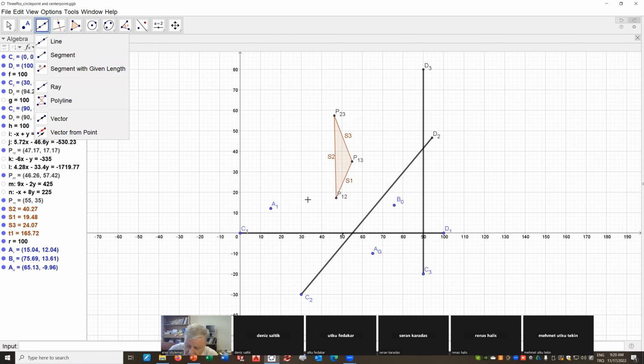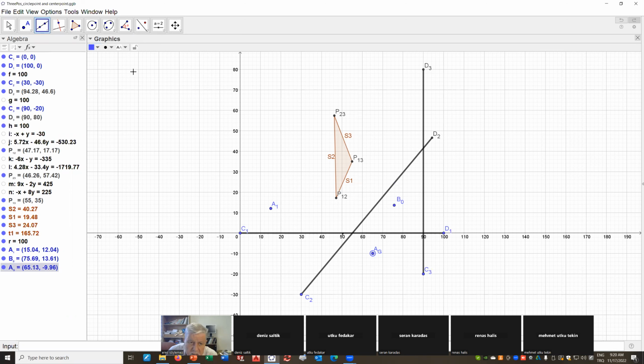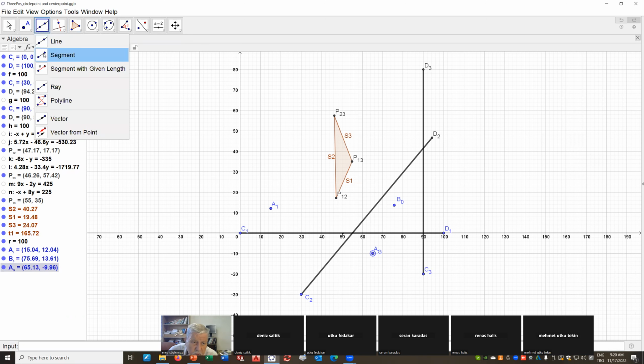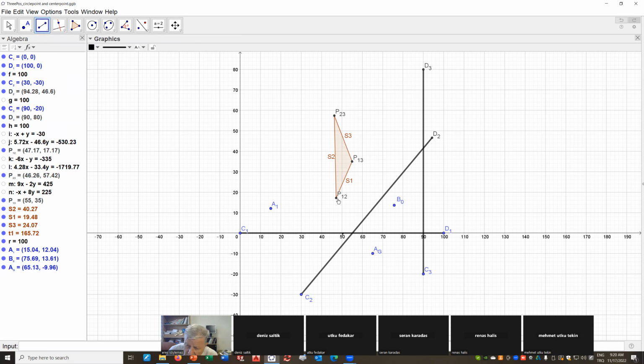I will connect this ground point with P12 and P13. I can connect it to P23, but this figure will take a bad shape, so the lines will be overcrossing.